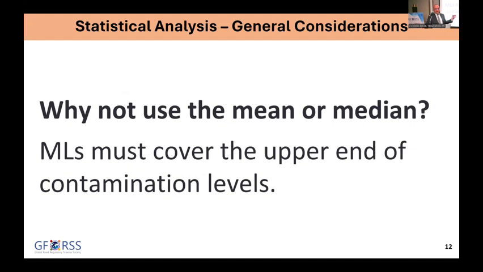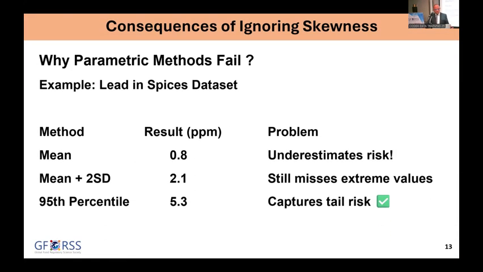So as we said, why not use the mean or median? Because MLs must cover the upper end of contamination level, which is not really applicable for the normal distribution, because we need to be sure that we don't underestimate the real situation. This is an example of why the parametric method fails.